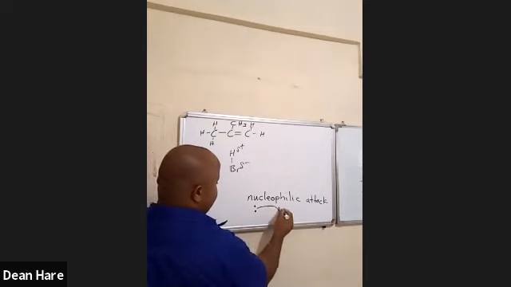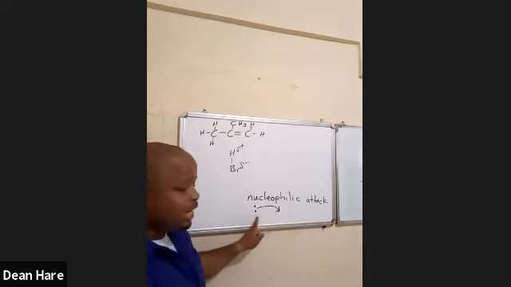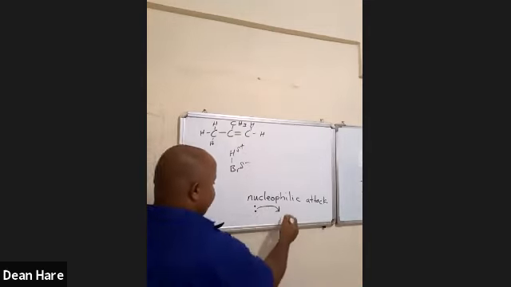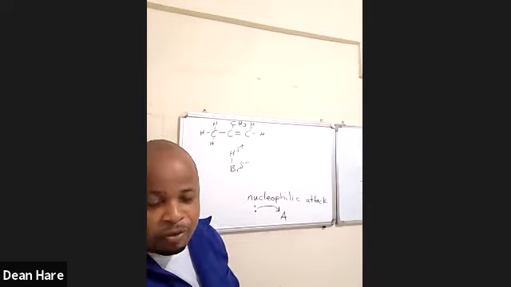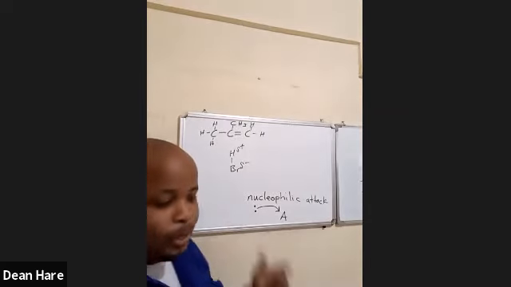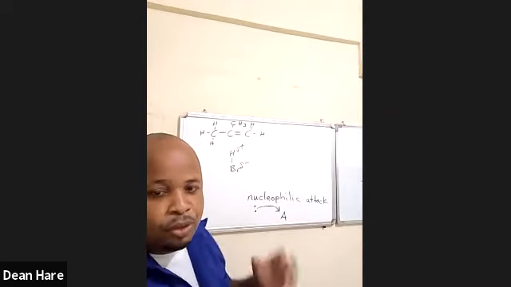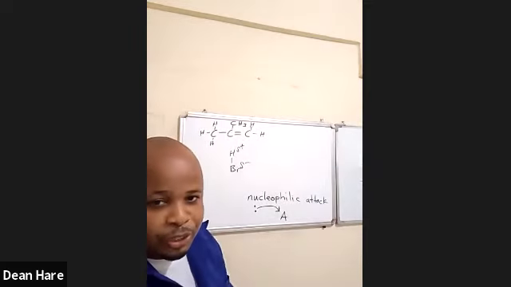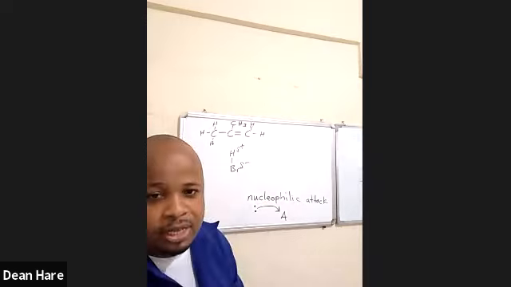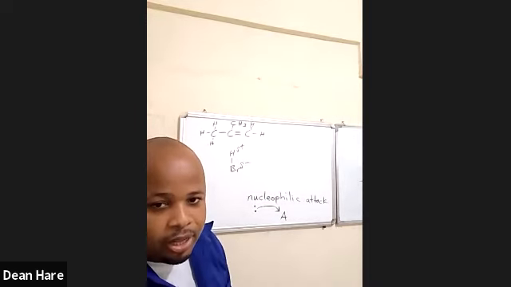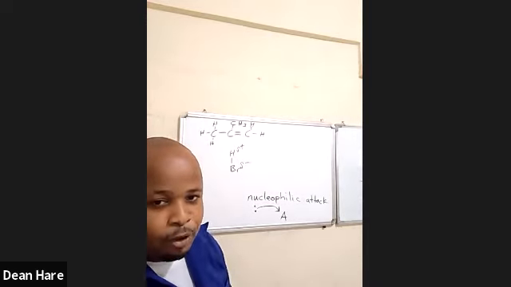Something is donating a pair of electrons to a next atom or ion. And if you remember, dative covalent bonding is when one atom donates both electrons. So a nucleophilic attack is basically a dative covalent bond being formed.